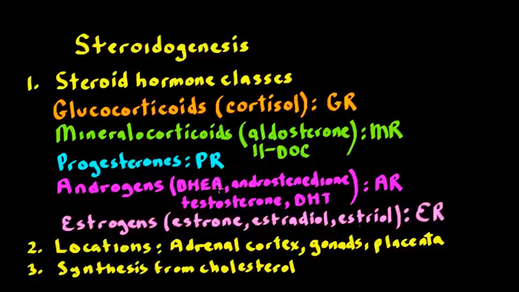Progesterone, acting at the progesterone receptor. Then all the various androgens, and you should understand that DHEA is the precursor to androstenedione, which is the precursor to testosterone, which is the precursor to DHT, and really the testosterone and DHT are the more active androgens at the androgen receptor.